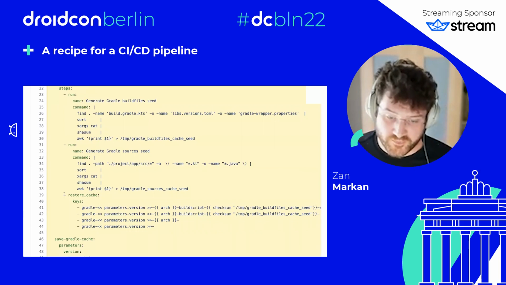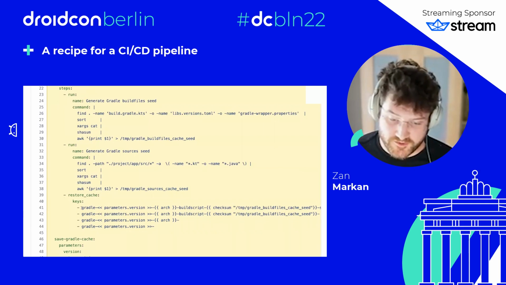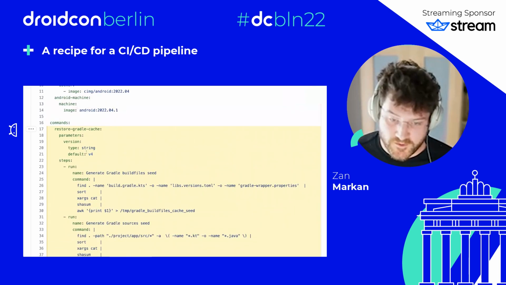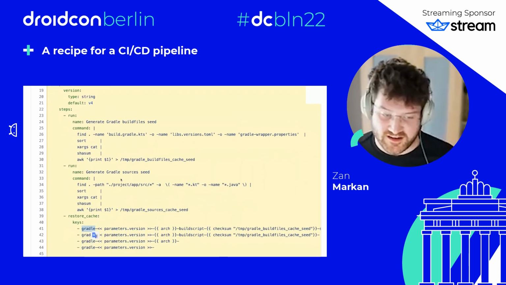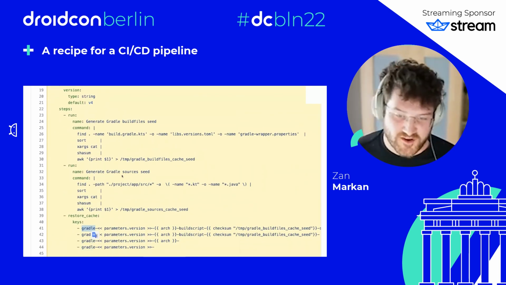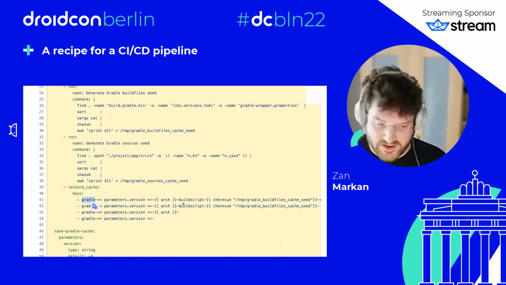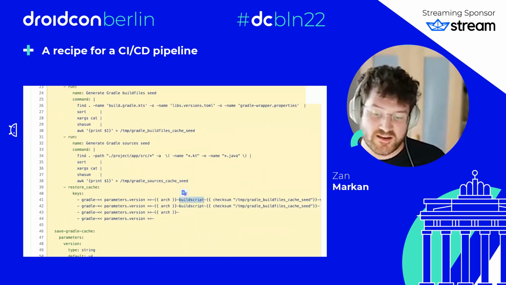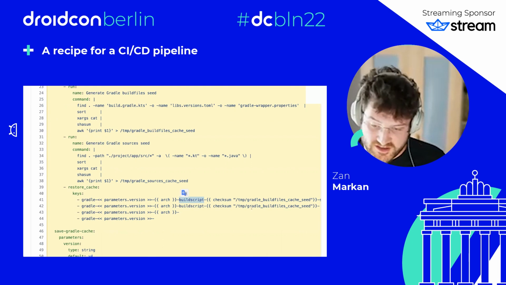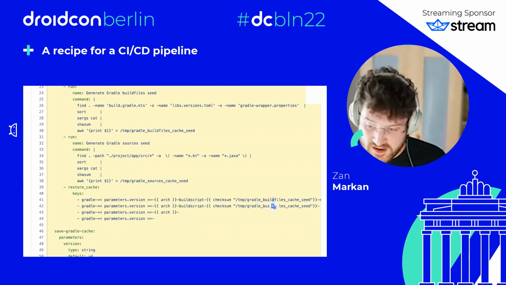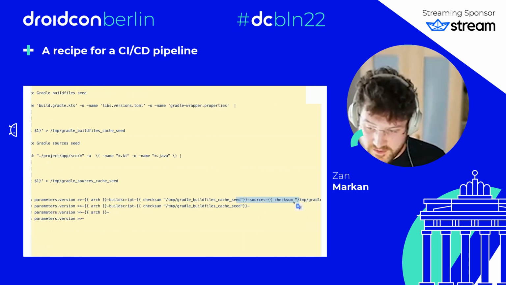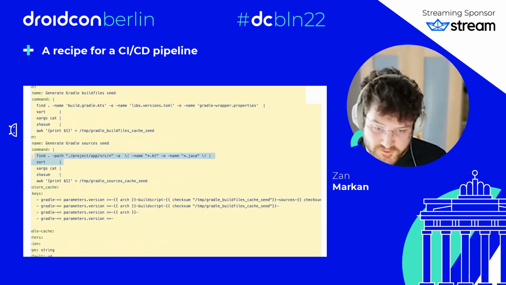So our cache key looks something like Gradle v4. The version is how you easily flush caches if you've made some architecture changes, like this Docker environment. And then the checksum of the build script. And then we're also doing a checksum of sources.